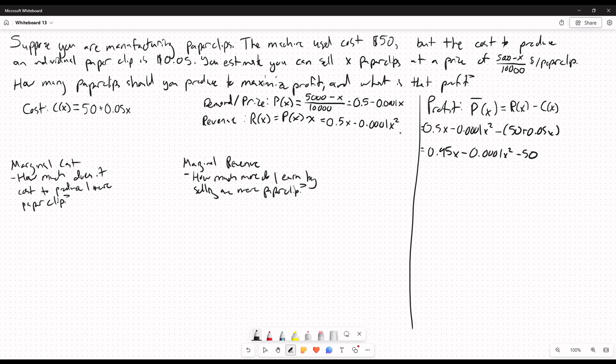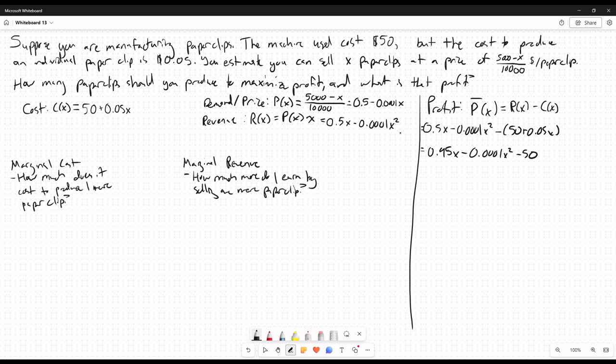So we know actually that the marginal cost is just going to be 5 cents because it always costs 5 cents to produce a paperclip. But the marginal revenue is a little bit more interesting because, well, as we produce more and more paperclips, we have to start selling them for cheaper and cheaper.